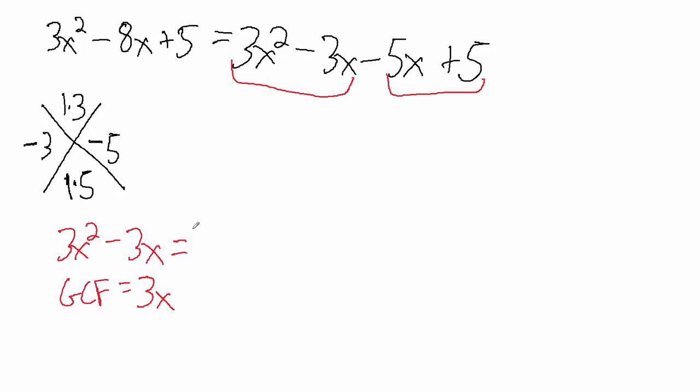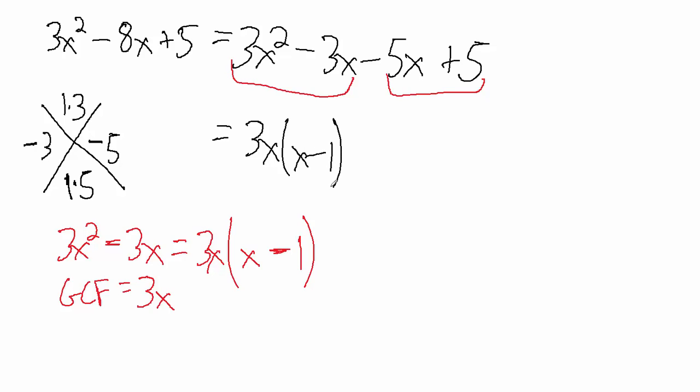If we factor out this 3x, what do we have left? If we take 3x squared and divide by 3x, what's left is just x. And if we take a 3x and divide by a 3x, what's left is just 1, and then minus 1 because of the minus sign right here. So far, what we have here is 3x times the quantity x minus 1.